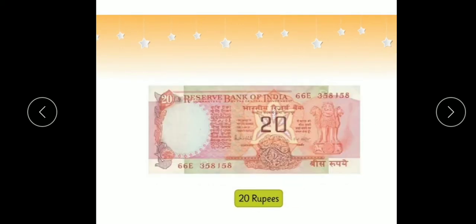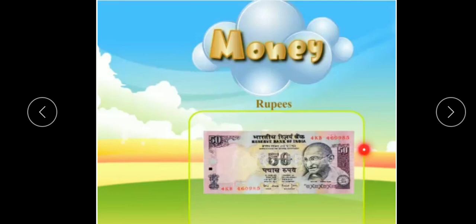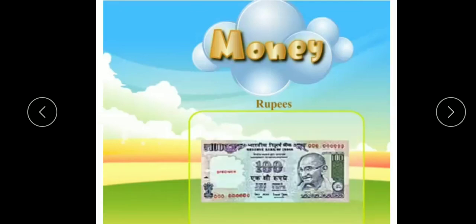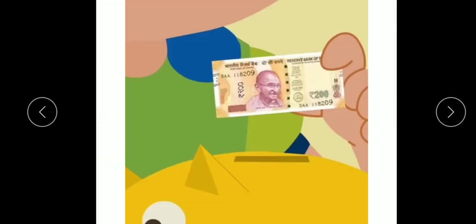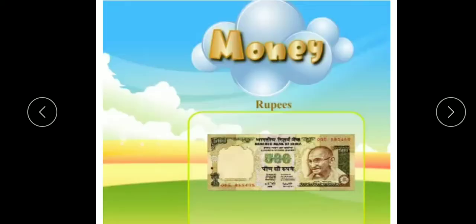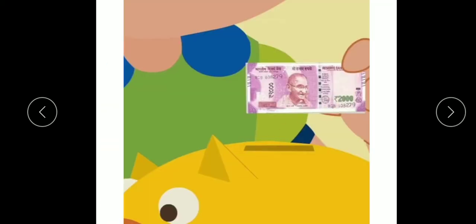Then 20 rupees, 50 rupees, 100 rupees, 200 rupees, 500 rupees, 2000 rupees. So all these are your currency notes.